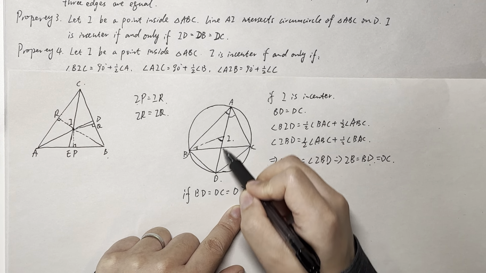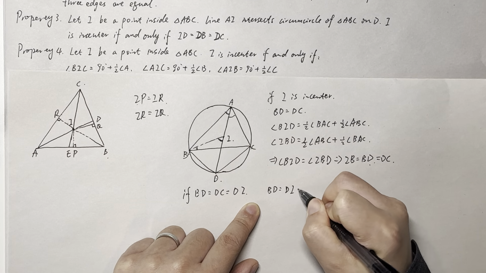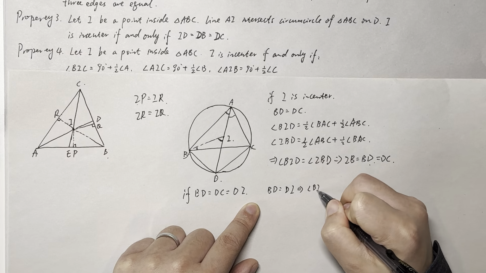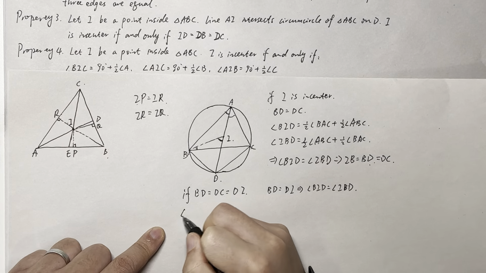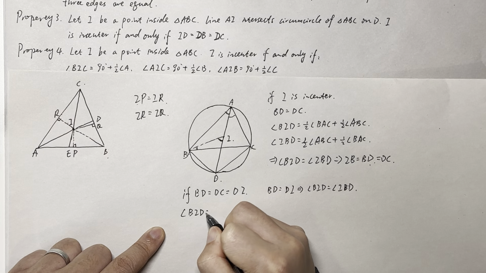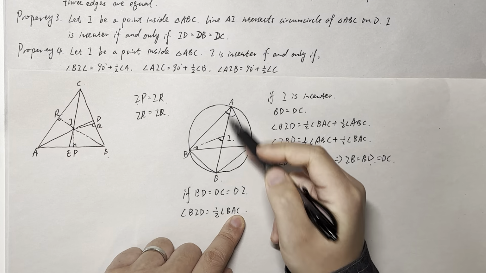And BD equals DI, which means angle BID equals angle IBD, right? And angle BID equals half of angle BAC, which we already know, right?